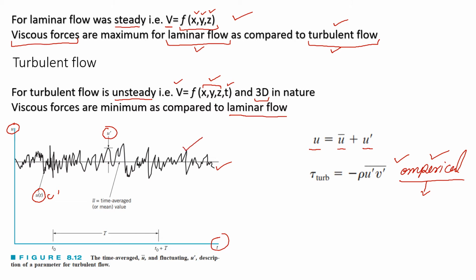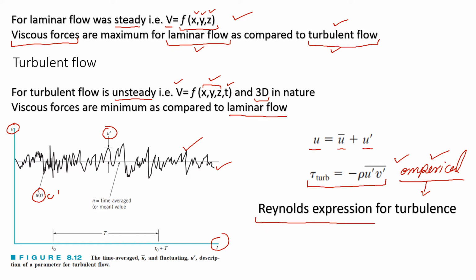As you can see, this line is very unsteady. So how can you write an equation for such a line? That's why a lot of equations are derived from experiments for turbulent flow analysis, and this is one such example of a shear stress derived by Reynolds. This is called the Reynolds expression for turbulence.